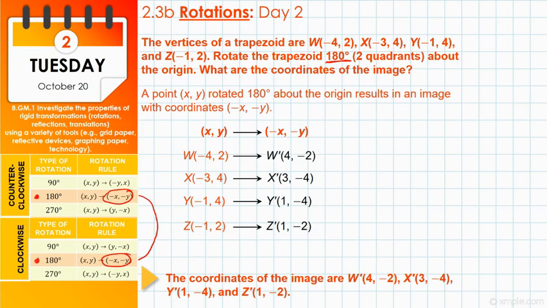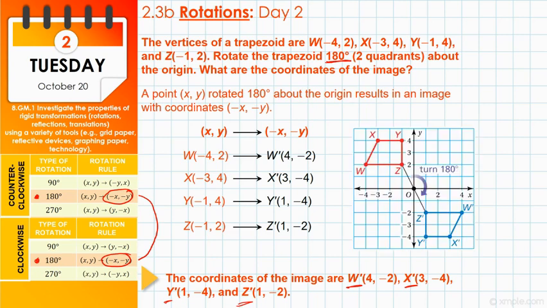The coordinates of the image are, and we list each vertex in terms of prime: W prime, X prime, Y prime, and Z prime with the corresponding points. And again, we map W to W prime, X to X prime, Y to Y prime, Z to Z prime.